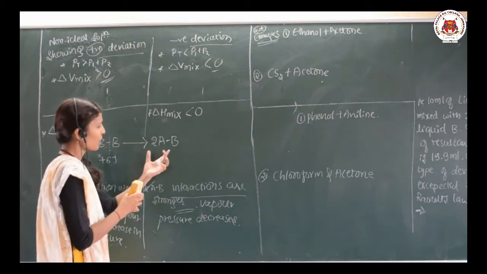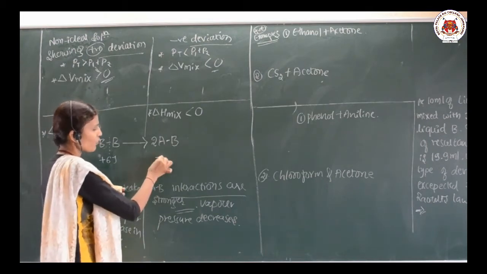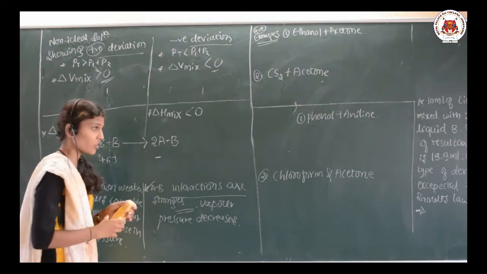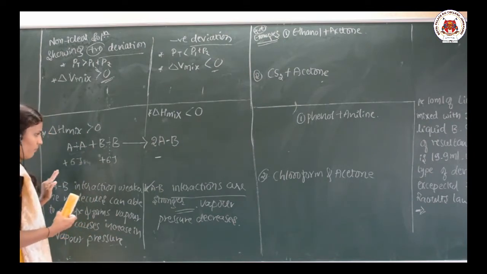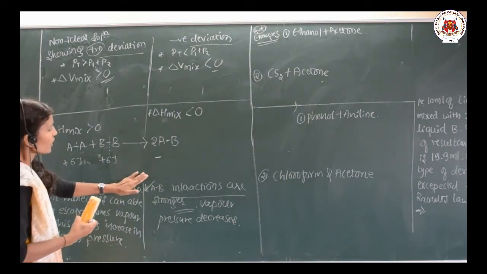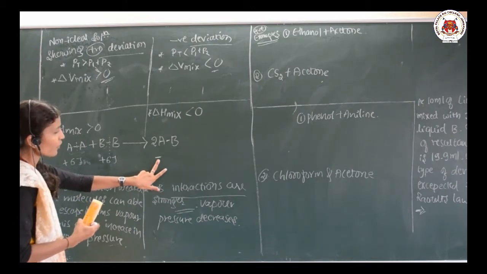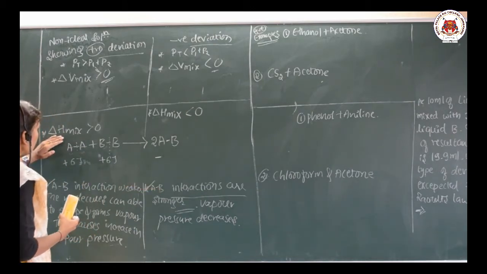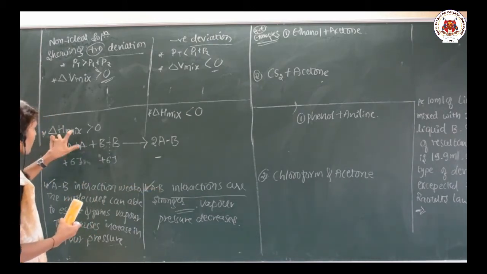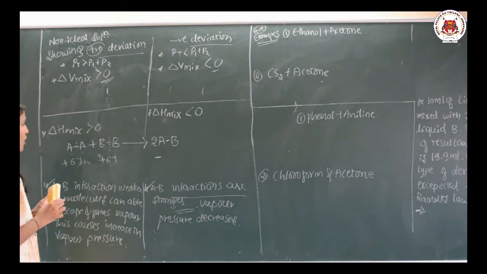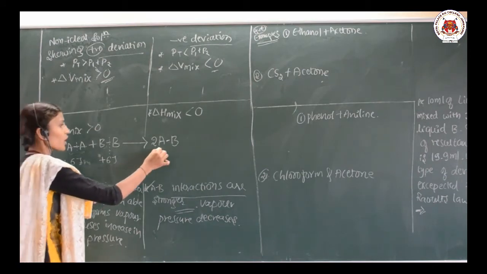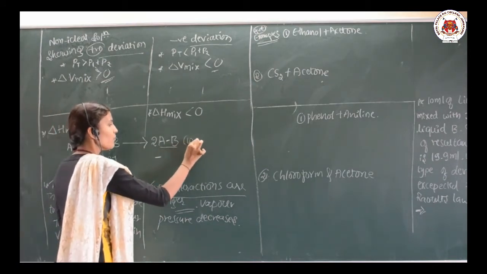Okay. When AB interactions form, there is a release of energy. There is a release of energy as the new bonds are formed. Here the old bonds are broken. So, here it will be in terms of negative. We need to say that delta H mixing is greater than 0. So, in case of positive deviation, what happens? In case of positive deviation, AB interactions are weaker.